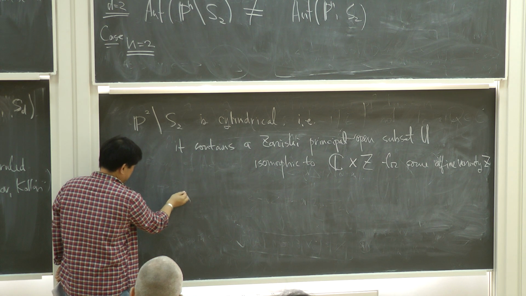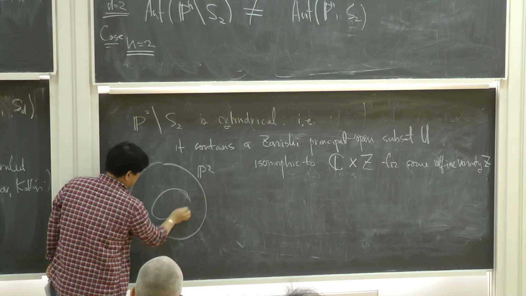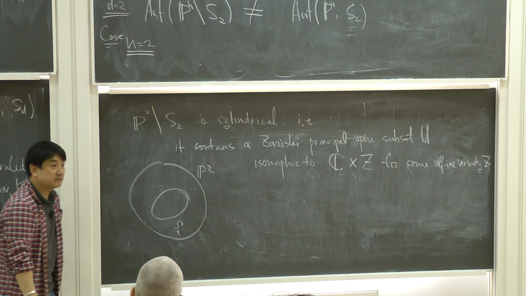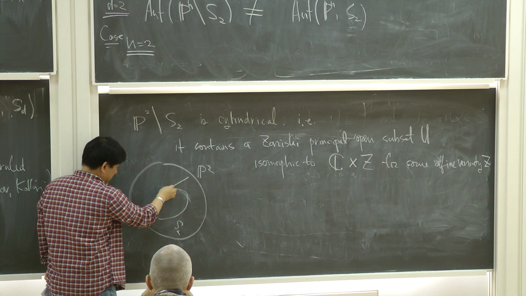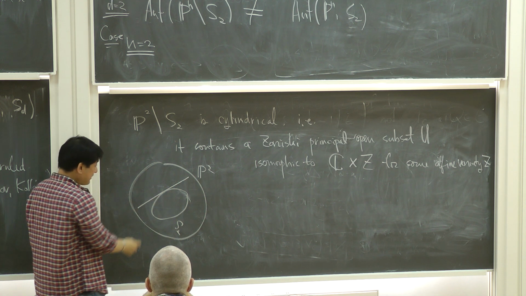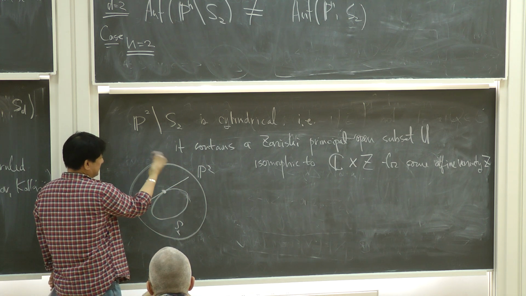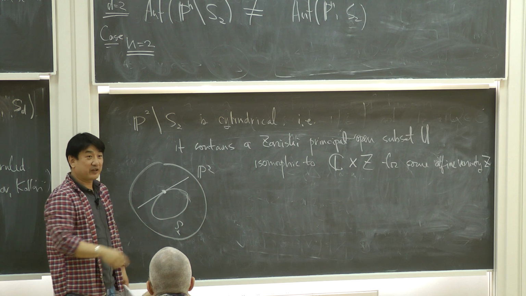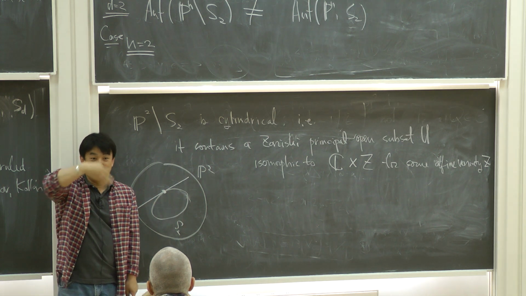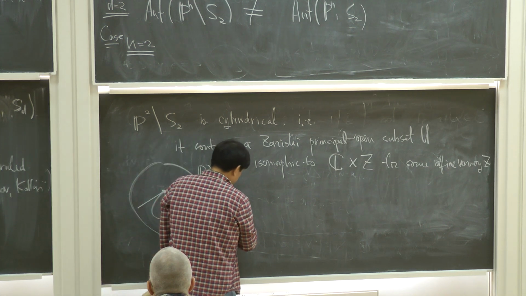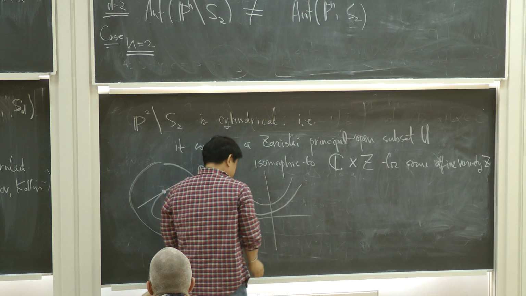You have this P2, and you have this conic S2. We consider a line which is tangent to this conic. This is a tangent. You first remove this line, then you get A2. And this S2 will become this parabola, right? So the picture is like this.